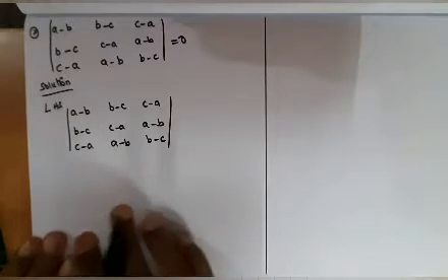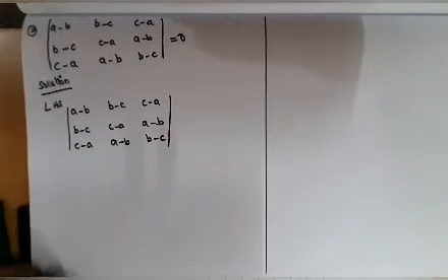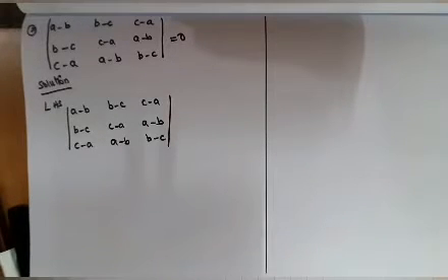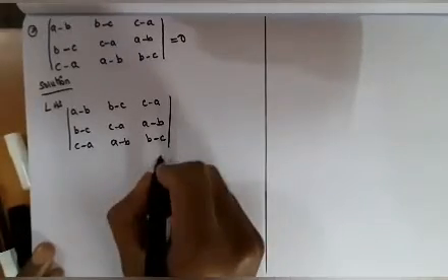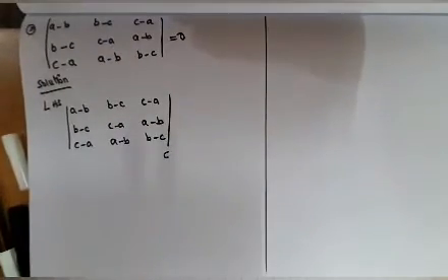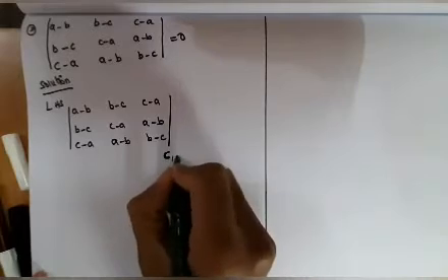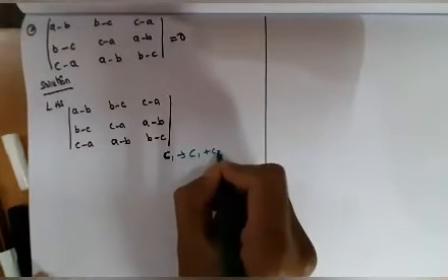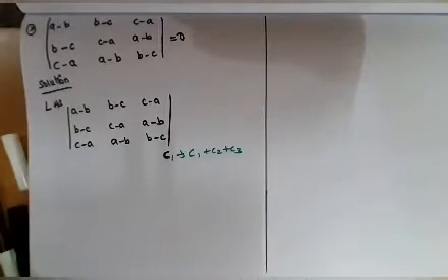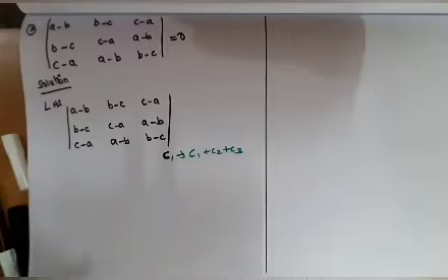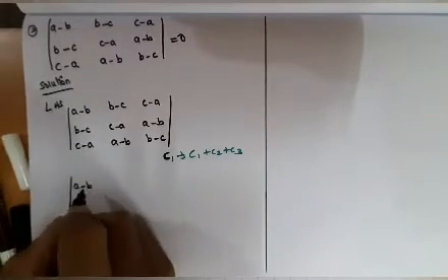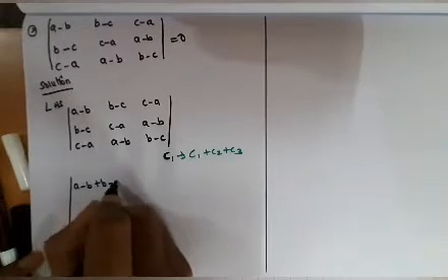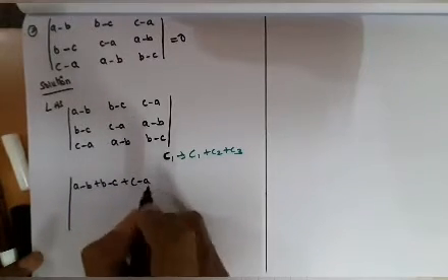Now, this is column 1, column 2 and column 3. Column 1 gives C1 plus C2 plus C3. If you add, what will come? a minus b plus b minus c plus c minus a.